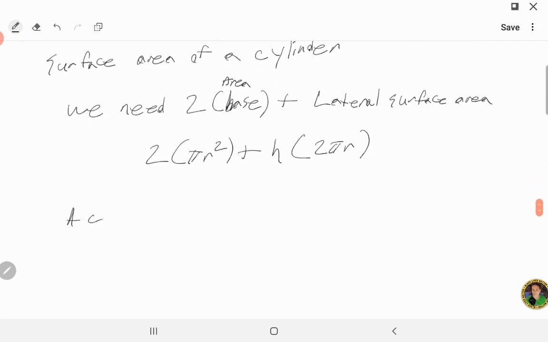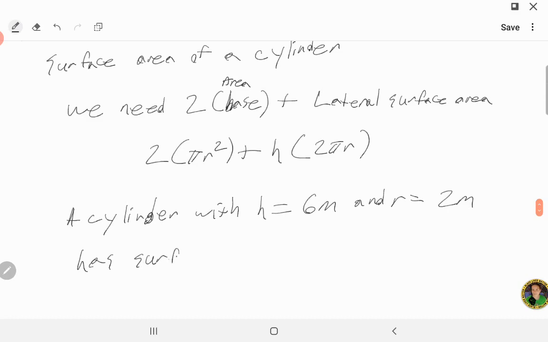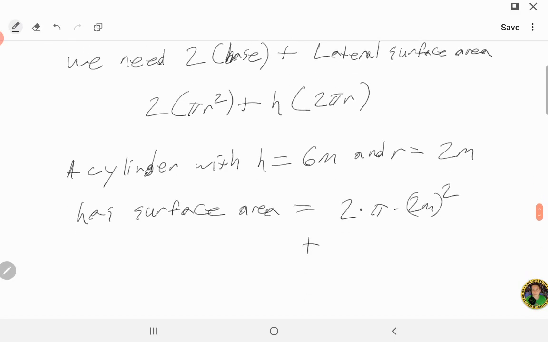So a cylinder with height equal to 6 meters and radius equal to 2 meters has surface area equal to 2 times pi times 2 meters squared plus 6 meters times 2 pi times 2 meters.